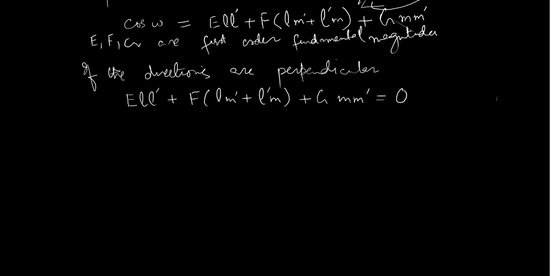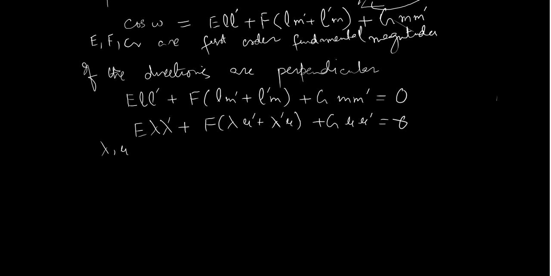And if we take direction ratios instead of direction coefficients, then the condition would become nothing much different: E lambda lambda prime plus F times lambda mu prime plus lambda prime mu plus G into mu mu prime equals 0, where of course lambda mu and lambda prime mu prime are direction ratios.